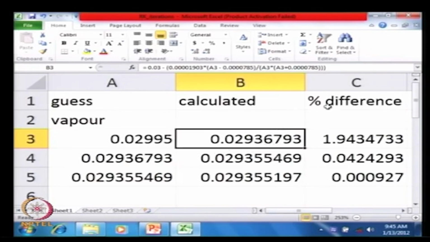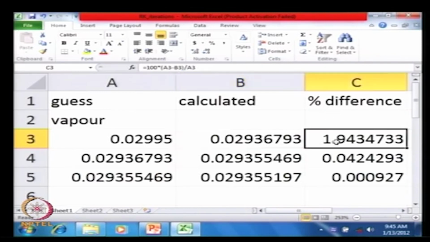Now, the main thing is what is the percentage difference. It turns out to be 1.94%, which is reasonably fine. In fact, we can stop our iterations here if about 2% is allowed, but let us go a little further since we seem to have hit upon the value within one iteration.